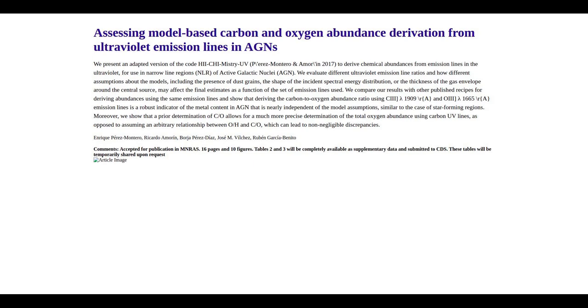Moreover, we show that a prior determination of C/O allows for a much more precise determination of the total oxygen abundance using carbon UV lines, as opposed to assuming an arbitrary relationship between O/H and C/O, which can lead to non-negligible discrepancies.